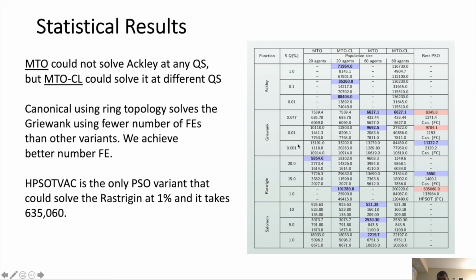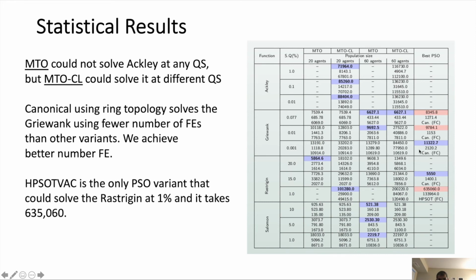increase the solution quality. For the second benchmark function, we start with a solution quality of 0.077 until we reach 0.01, and when we increase the solution quality of the problem, the difficulty of the problem increases.